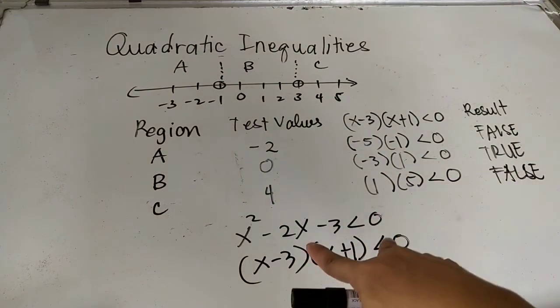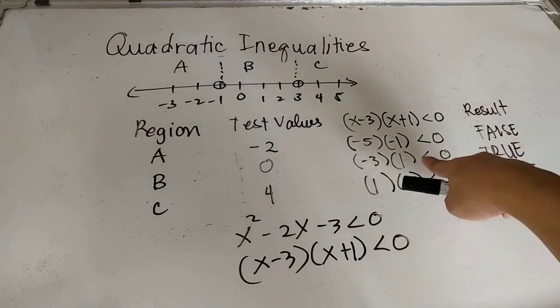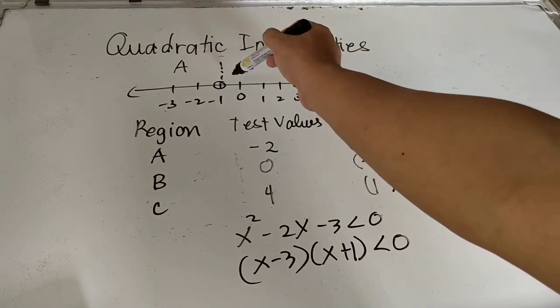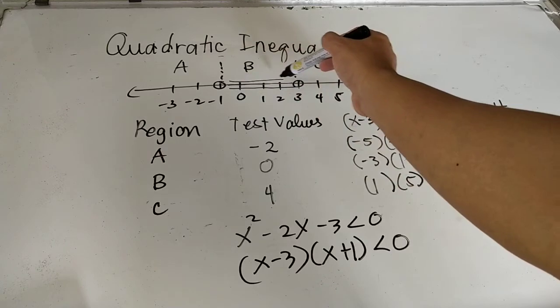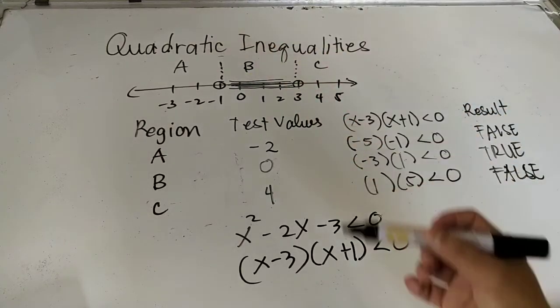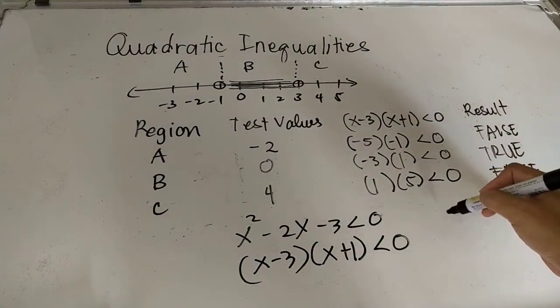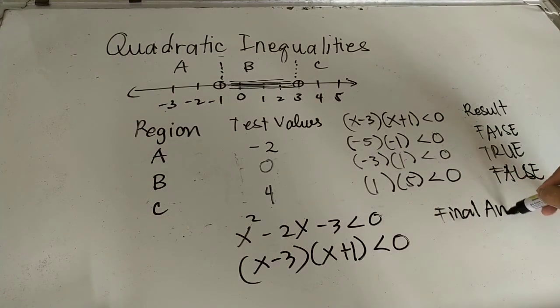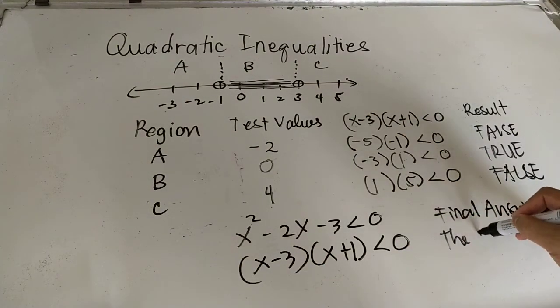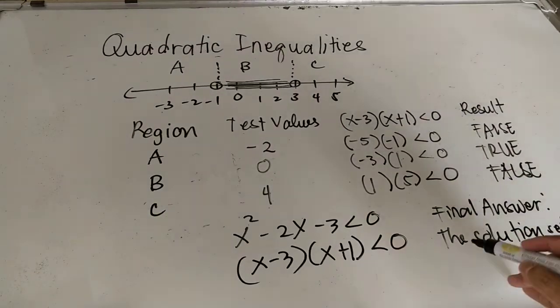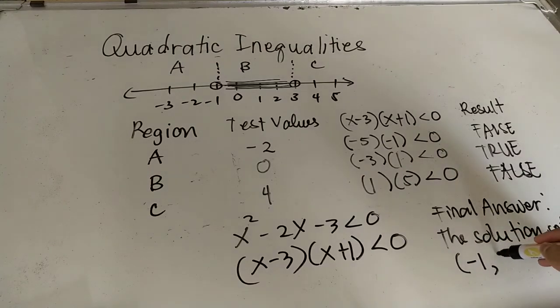So, ang nag-true lang na region natin is the region B. Meaning, ang mga solution set in between the negative 1 and positive 3 will be on the region B. So, meaning, our final answer then, the solution set is from negative 1 to positive 3.